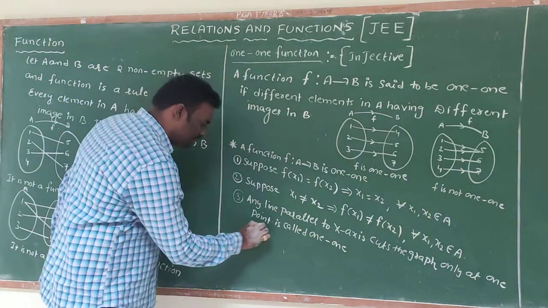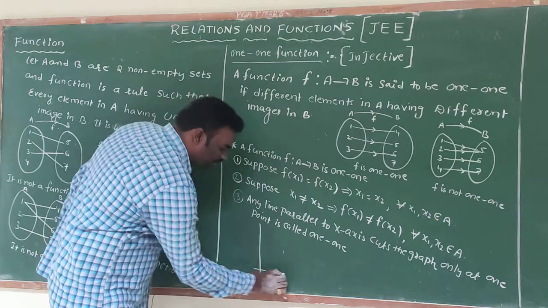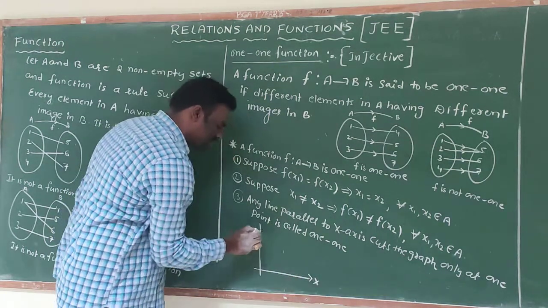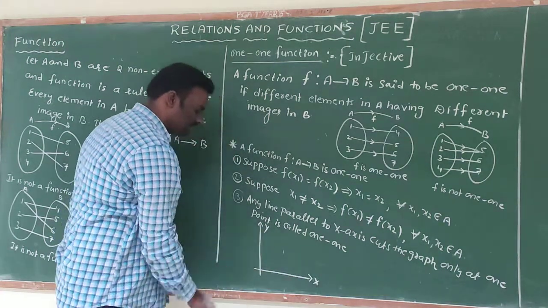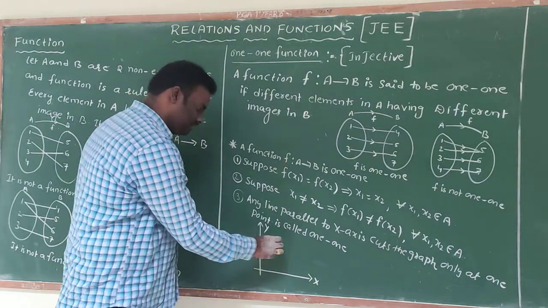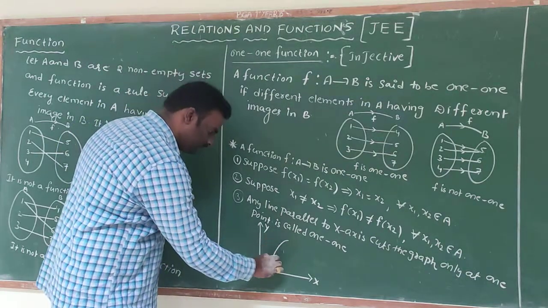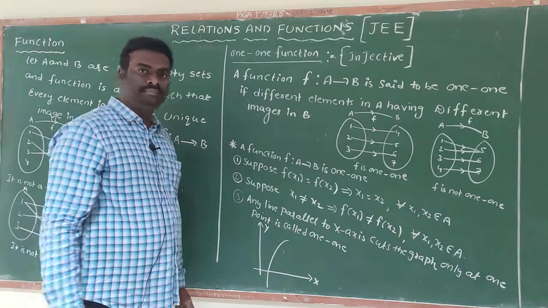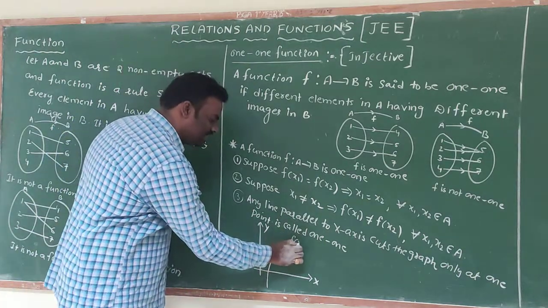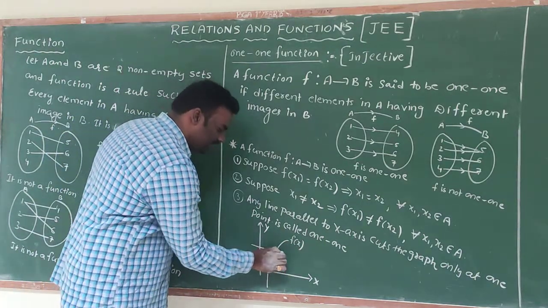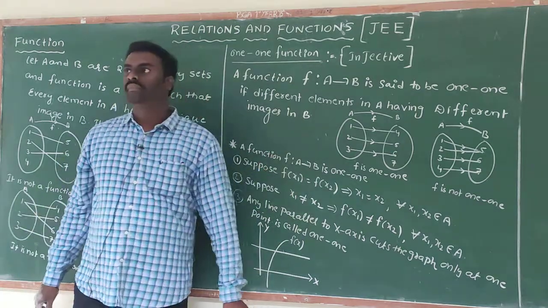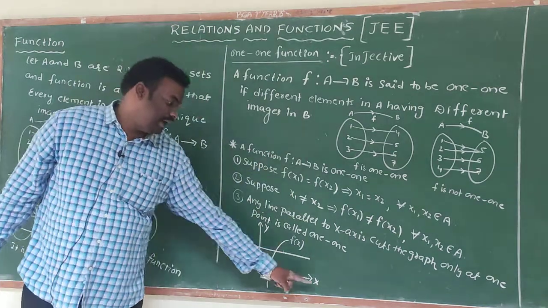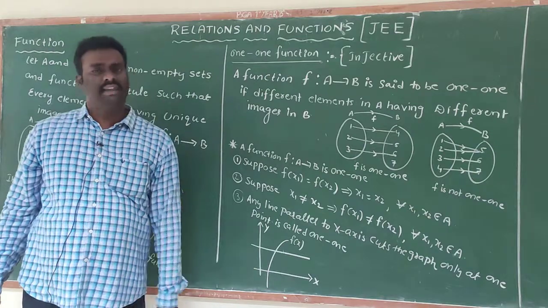I will give a simple example. This is the x-axis, this is the y-axis. This is a graph of the function f of x. You draw a line. This line is parallel to which axis? The x-axis.